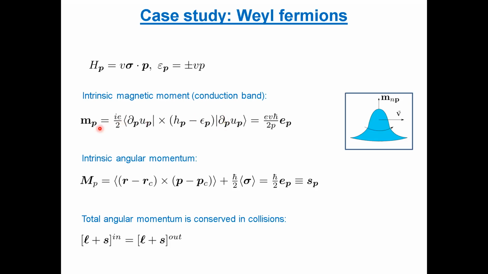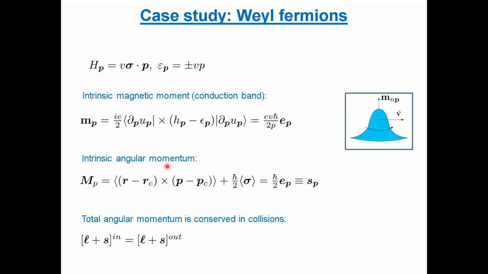And the expression for this orbital magnetic moment is very similar to the expression for the Berry curvature, except that it has this H minus epsilon, the Bloch Hamiltonian minus the energy of the band of interest, entering it. So for such a fermion, this orbital magnetic moment points along the propagation direction.